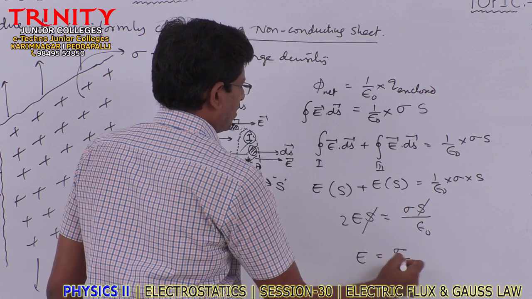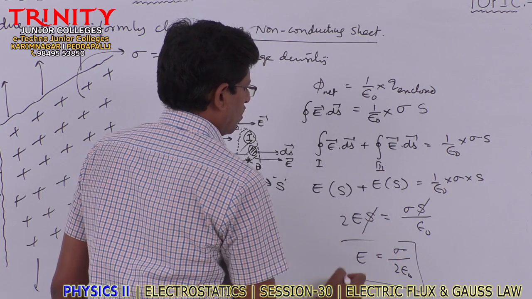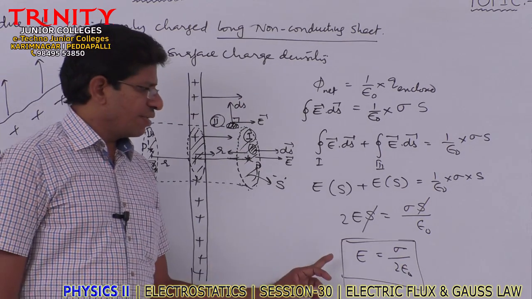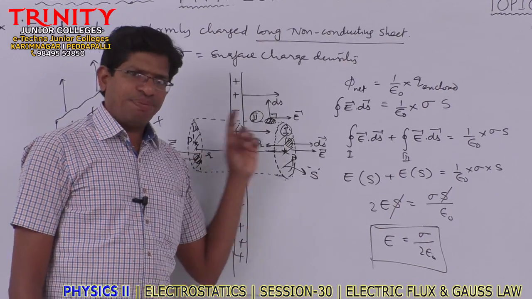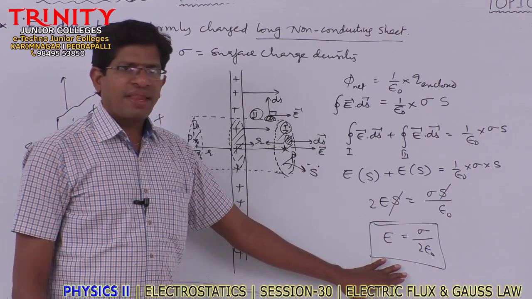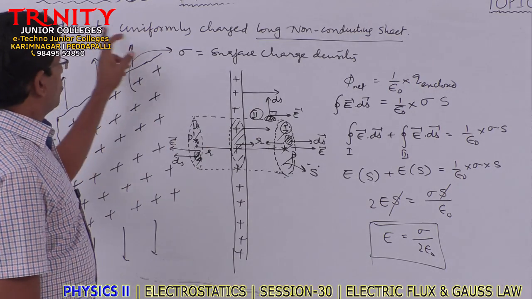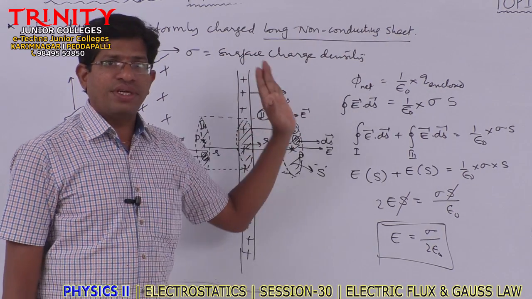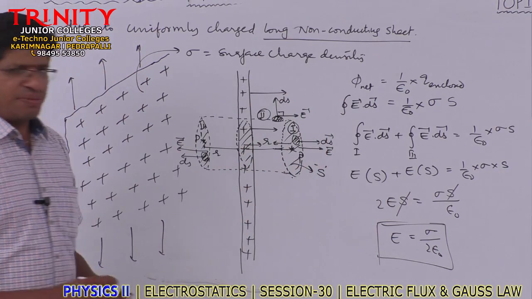So, E will be sigma by 2 epsilon naught. This is the same result we got earlier, but this is a very simple way of getting the same answer. Remember this standard result and then I will explain E due to uniformly charged long conducting sheet, that is the only difference, right. Now, let me rub the board and come back.